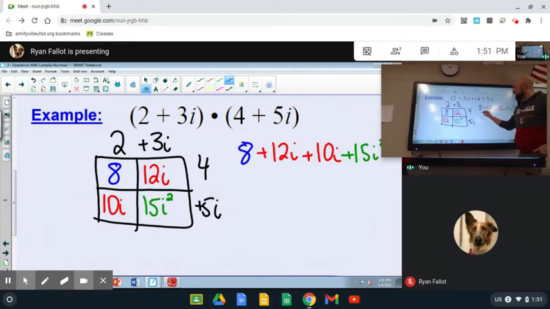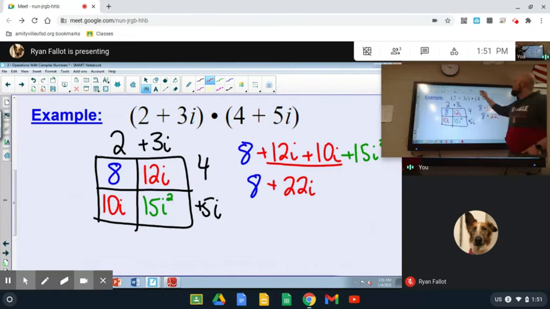Can't do anything with this 8 just yet. We do know that we can combine these two terms in the middle, this 12i and this 10i, to get our 22i. But now this 15i squared, we spoke about already what i squared is. And we know that i squared is equal to negative 1.